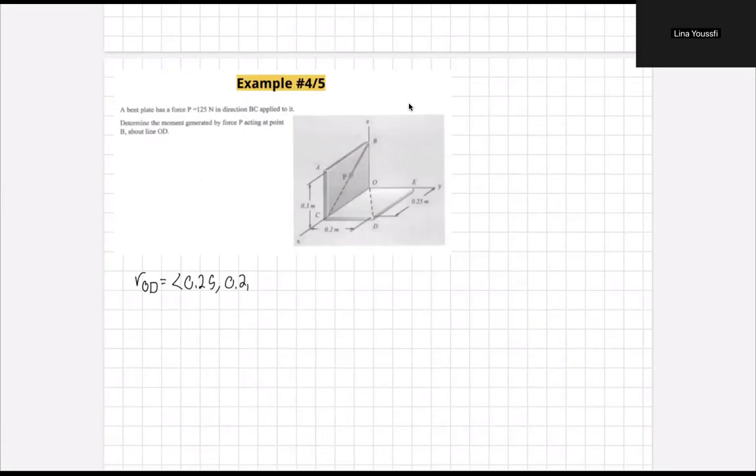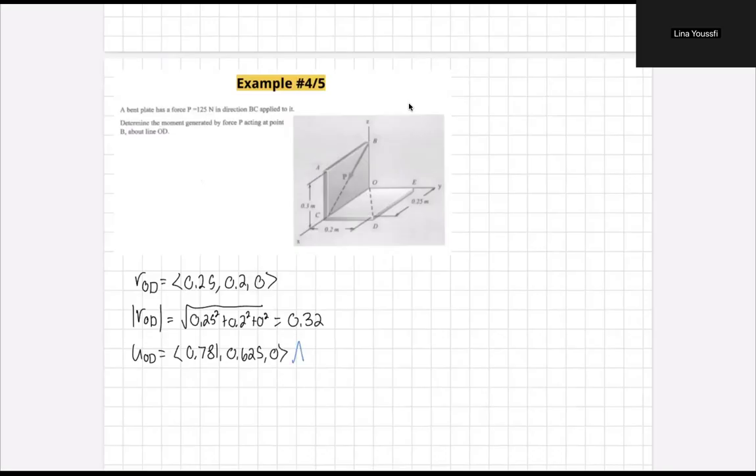And then it's 0 in the Z. Then we're going to take the magnitude of this vector, which is the square root of 0.25 squared plus 0.2 squared, and then since the last one is 0, this is going to give us 0.32. And then we're going to divide our vector by this magnitude to get the unit vector of OD, which gives us 0.781, 0.625, and 0. So we're going to save this for later.